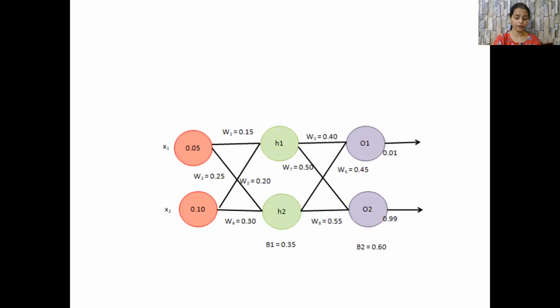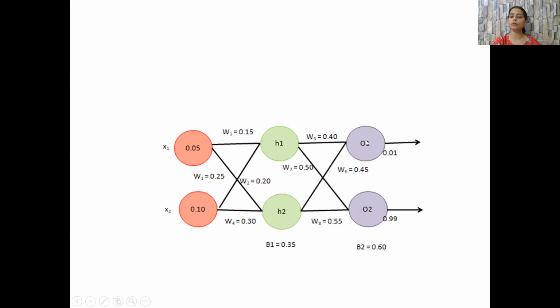We have back propagated from this end to back to this end, then performed another forward pass, calculated the total error in the second iteration, and then back propagated that error again to update these values W1, W2, W3 to W8.